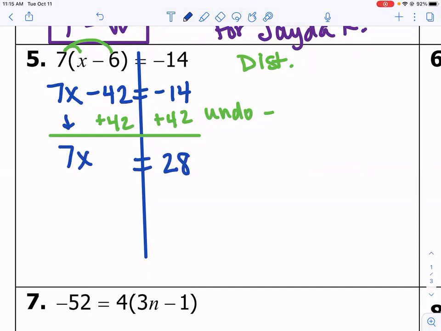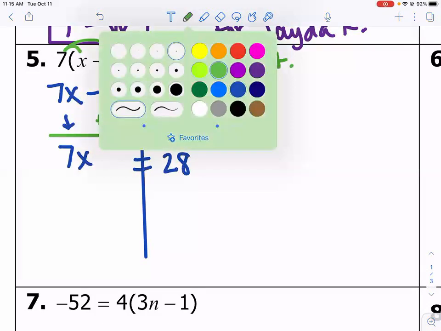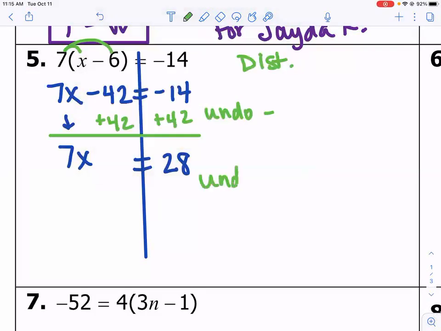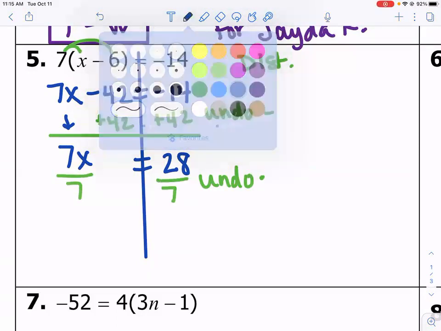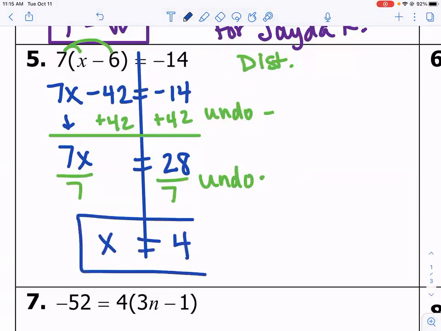Do you agree with 28? Yeah. So then Ryan is already a step ahead here. He said our answer is 4. Well, if we divide by 7, we get 4.